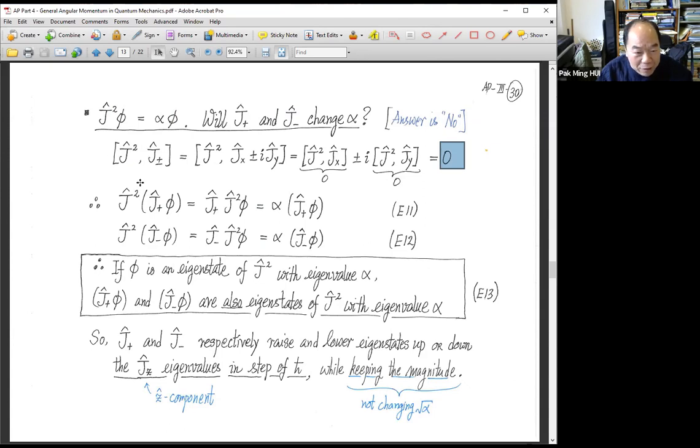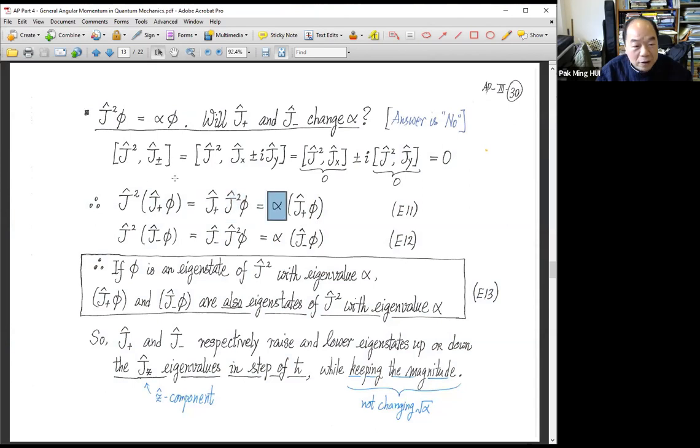Therefore, you want to test whether that new function is still an eigenstate of J square. You can flip the order because they commute, and you pick up an alpha in this combination, which is just an eigenvalue, a real number. You can pick it out in front.